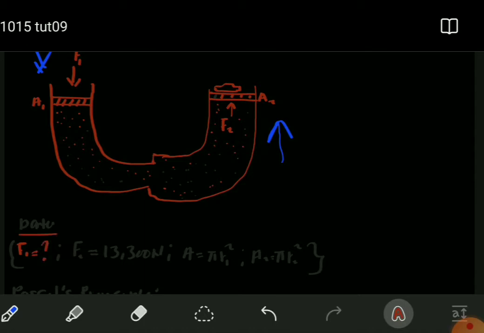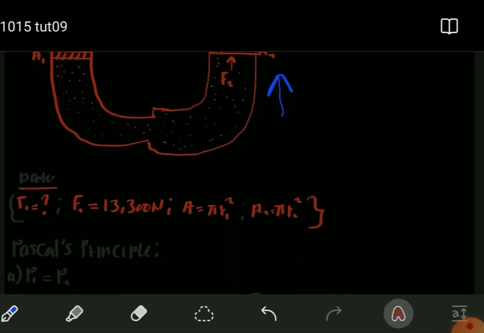Area is obtained as pi r squared, so area 1 is pi r1 squared, and area 2 is pi r2 squared. Notice that all these values must be in standard units, so if we have the radius in centimeters, we have to convert to meters first.